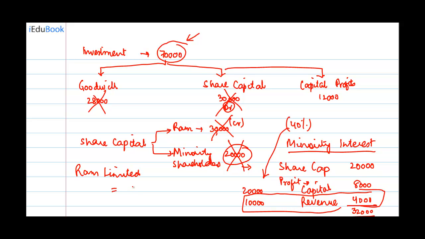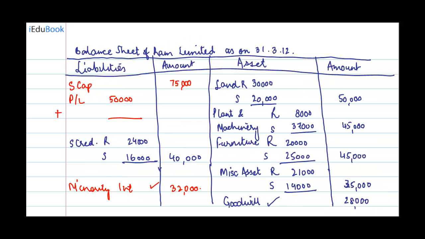How much does Ram Limited own? It owns 60% of 10,000, or 6,000. So this we are going to add to the profit and loss account. This will give you 56,000.